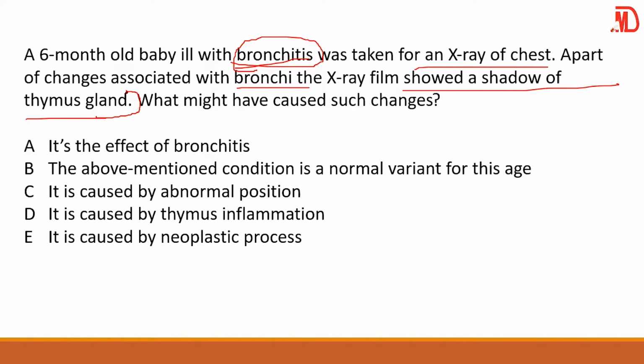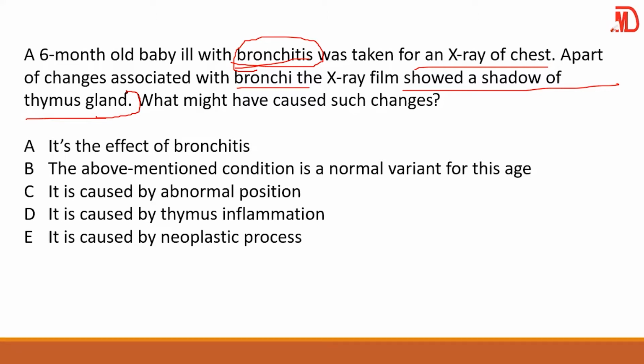Now, in neonates, or children who are just born, the thymus appears to have a considerable mass of 13.3 grams on average. And as you grow, the thymus decreases or shrinks in size, and those shrinkages are replaced with fat tissue.